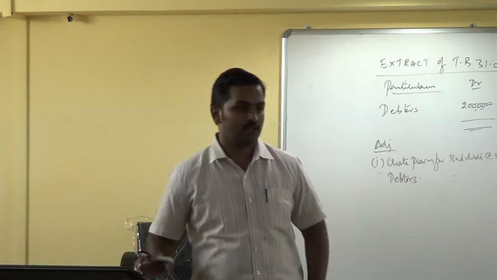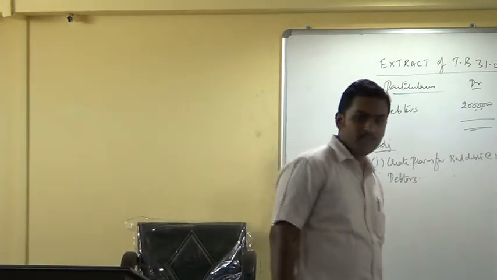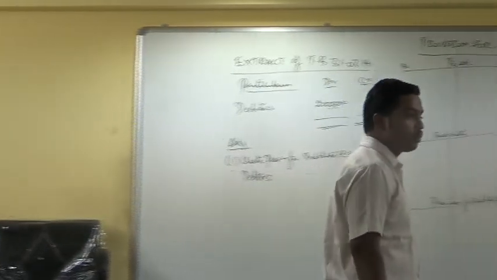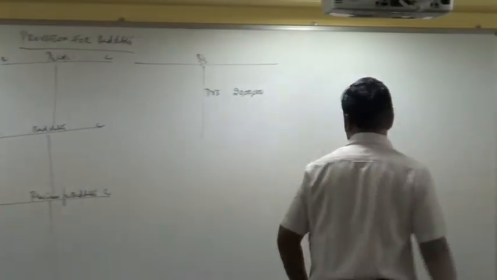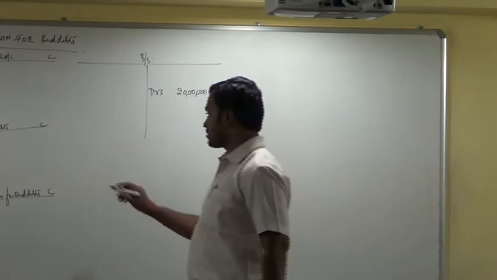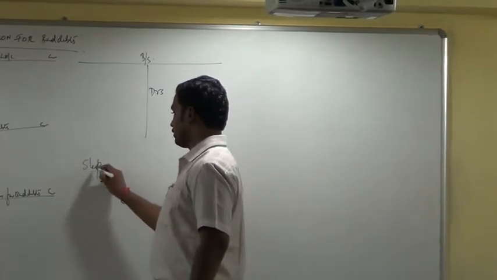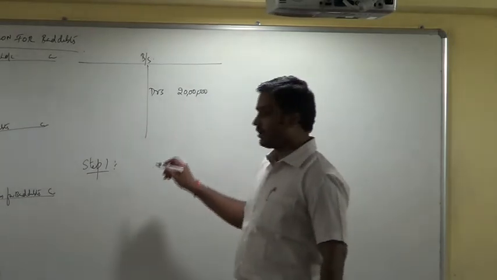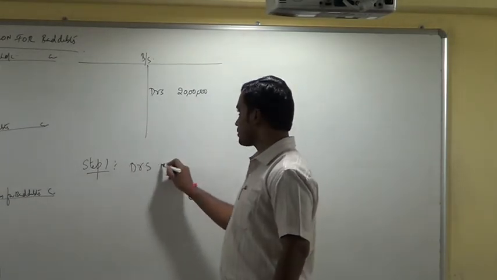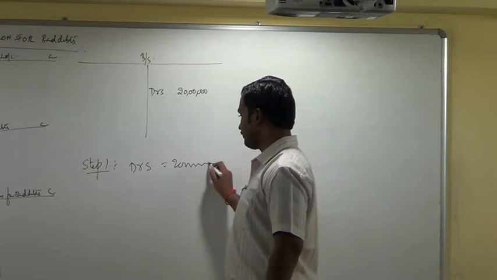You prepare a working note. Underline. Below that you write step 1. Debtors in the balance sheet. Debtors 20 lakhs.